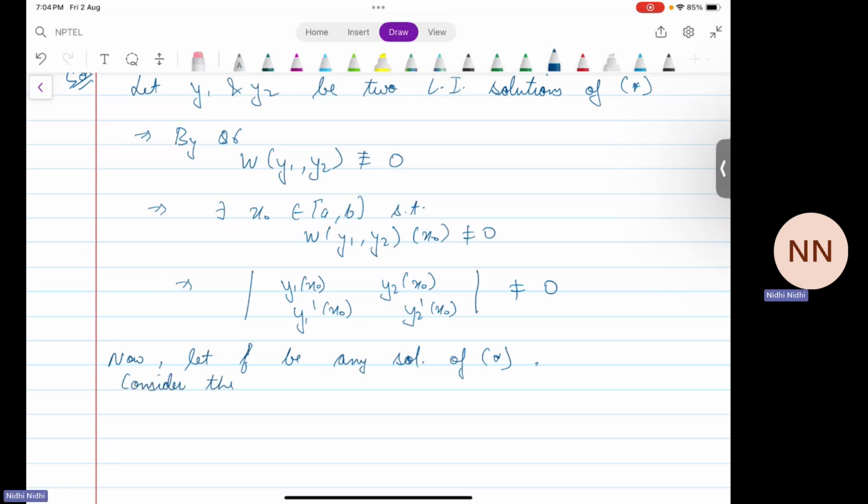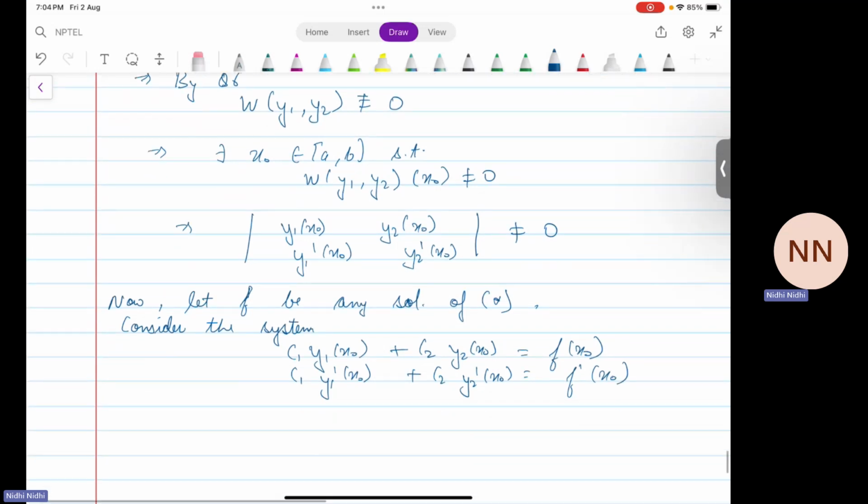Consider the system c1 y1 x naught plus c2 y2 x naught is equal to f x naught, c1 y1 dash x naught plus c2 y2 dash x naught is equal to f dash x naught.